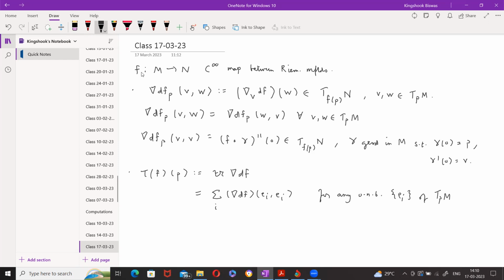And so by the above formula, we can write this as a sum of second derivatives in these orthonormal directions along geodesics gamma_i, where gamma_i is a geodesic in M such that gamma_i(0) is P and gamma_i prime(0) is e_i.